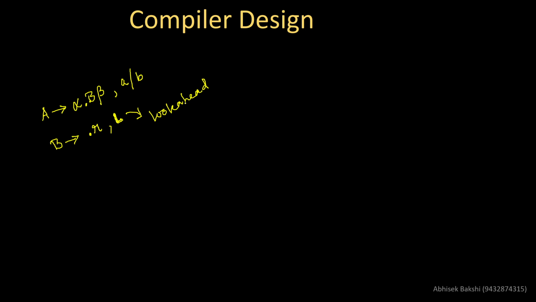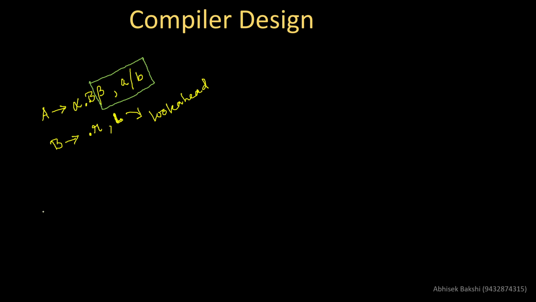Always remember that whatever is present after B in the previous production rule, since I have found the closure of this B, other than B, whatever is left in this production rule, specifically this part, the first of this whole part is going to be the lookahead of this one.